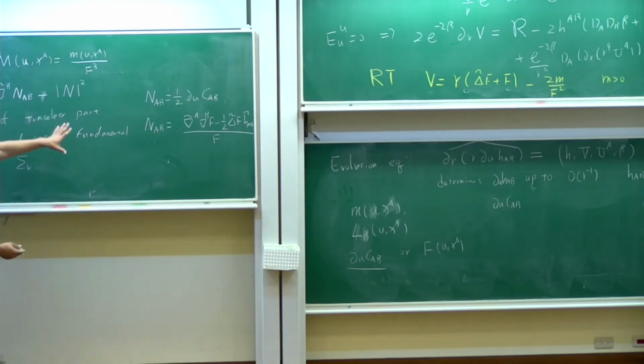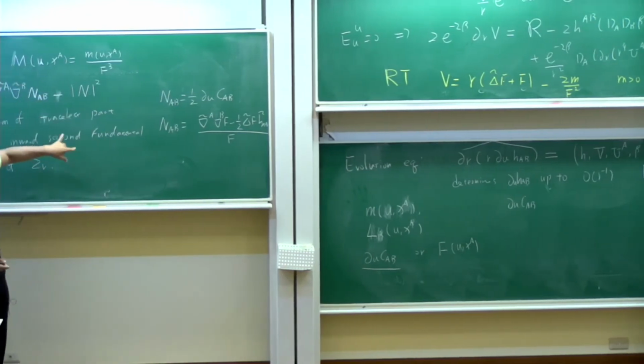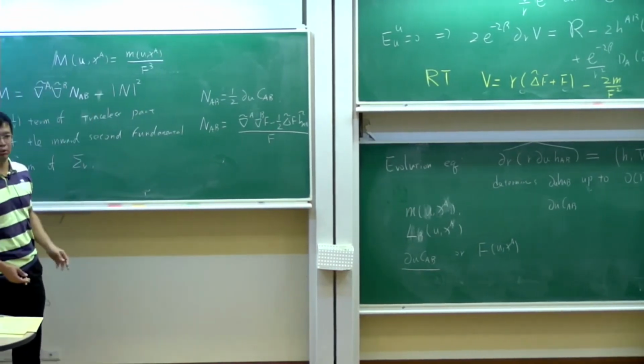So in fact, if you interpret everything geometrically, it's the same formula. Mass loss is the double divergence of this second fundamental form minus its norm square.